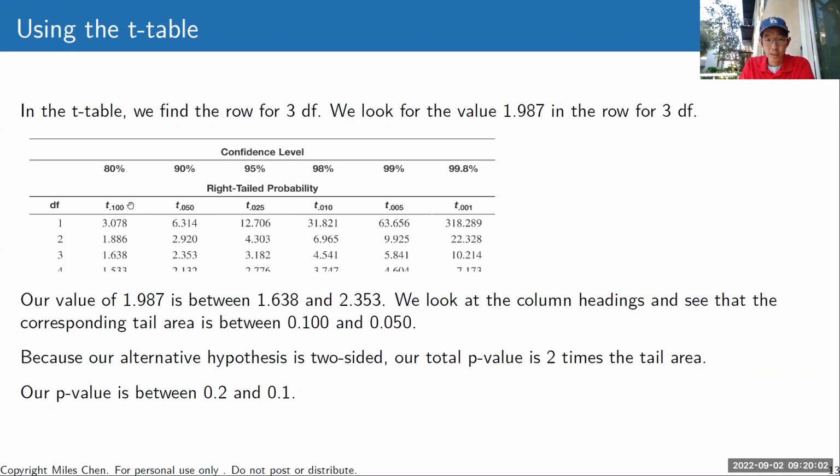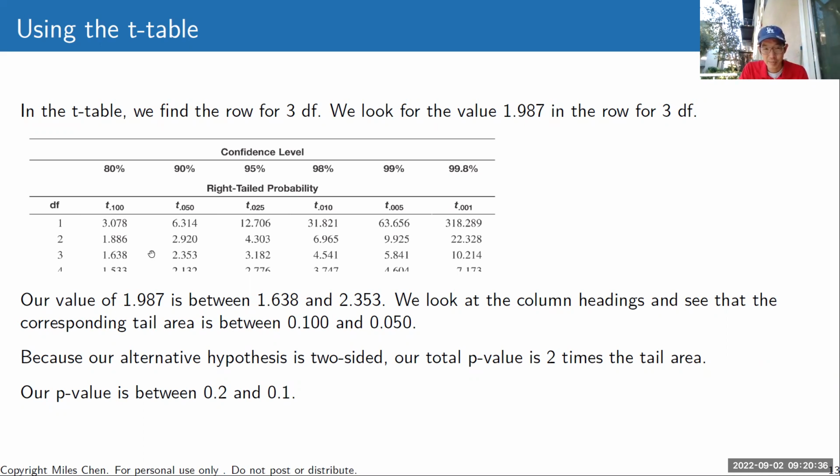And so as far as calculating our tail areas, we look at the column headings and we'd say, if our T value was exactly 2.353, which doesn't happen all the time, but it's not impossible, then your tail area would be exactly 0.05, okay? And if you had exactly 1.638, then your tail area would be exactly 0.1, right?